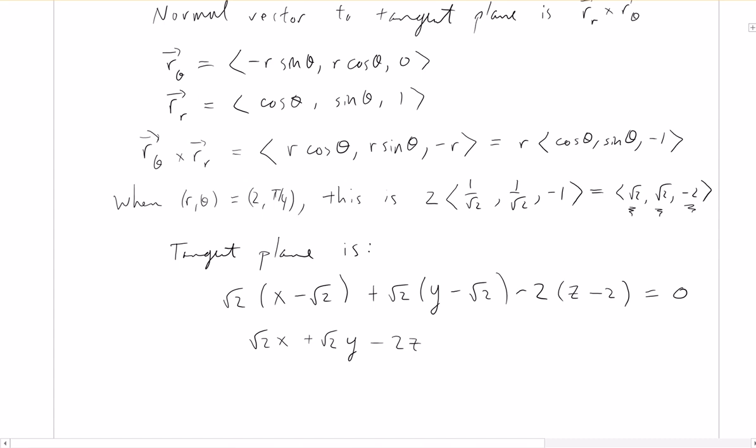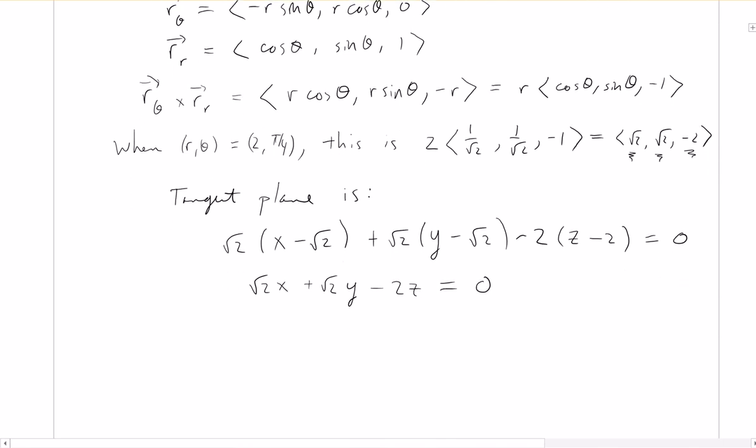And if you look at what happens with the constants, here we get minus 2, here we get minus 2, so altogether that's minus 4 so far, and here we get minus 2 times minus 2, which is plus 4, which cancels. So all the constant terms actually cancel out to 0 if we multiply this through, so there's no constant term. And it can look a tiny bit prettier if we just divide by square root of 2 everywhere. And finally we get this nice equation for the tangent plane.